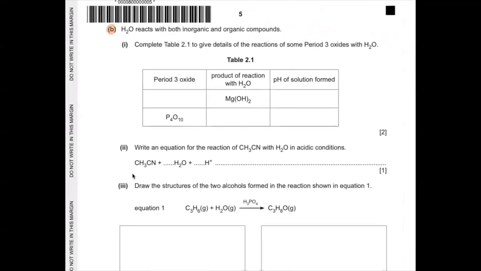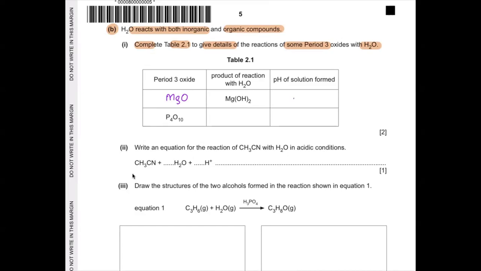Now, question number 2b. Water reacts with both inorganic and organic compounds. Complete table 2.1 to give details of the reactions of some period 3 oxides with water. So if we are getting magnesium hydroxide in table 2.1 from the reaction with water, the oxide must be magnesium oxide, which is MgO. And magnesium hydroxide is partially soluble in water, so its pH is alkaline.